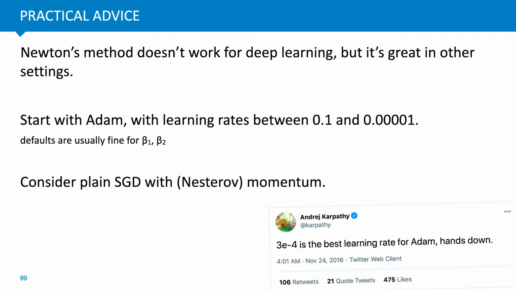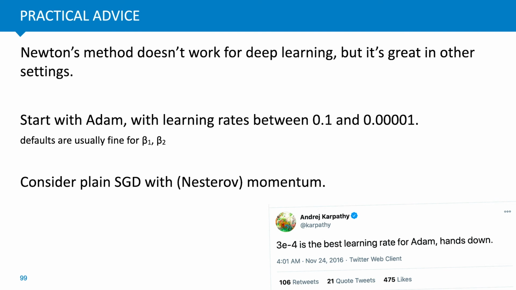Practically, if you're doing deep learning, our advice is to start with Adam and try learning rates between these reasonable values. Keep the defaults for beta 1 and beta 2. And consider trying also plain SGD with Nesterov momentum if Adam doesn't work for you.